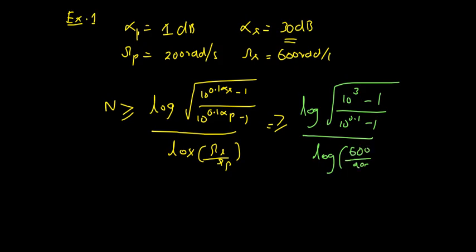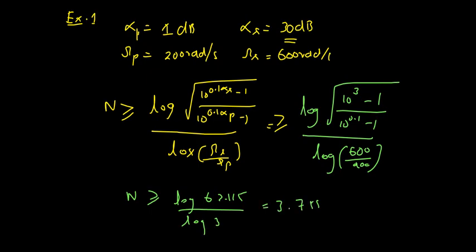Solving this, n should be greater than or equal to log of 62.115 by log of 3, which comes to 3.755. So n should be greater than 3.75, or n equal to 4. This is how you fix the order of a filter.